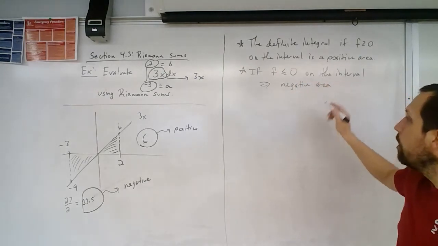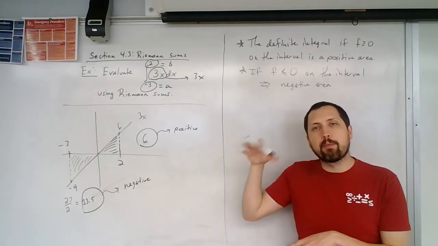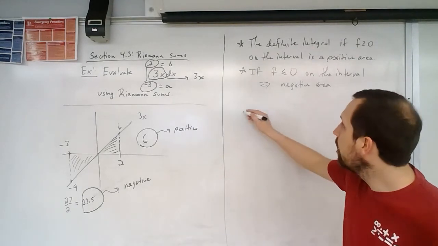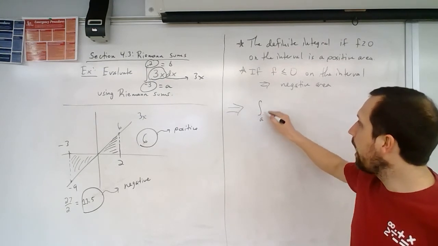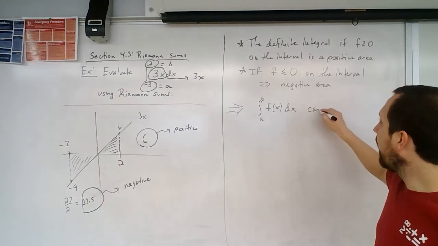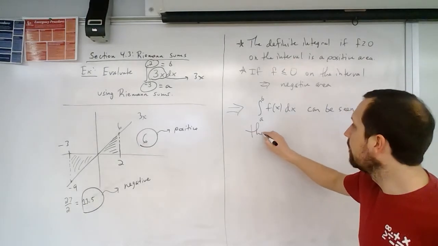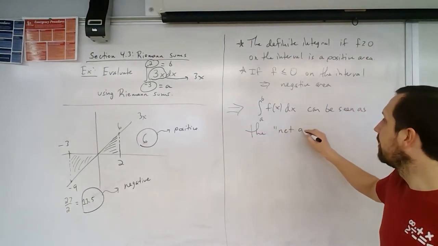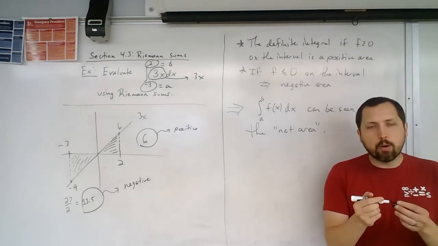area. So then, if we have to combine all of these, if we have both positive and negative area, what this gives us as a big result then is the integral from a to b of f of x dx can be seen as the net area. So that's truly what we're finding.